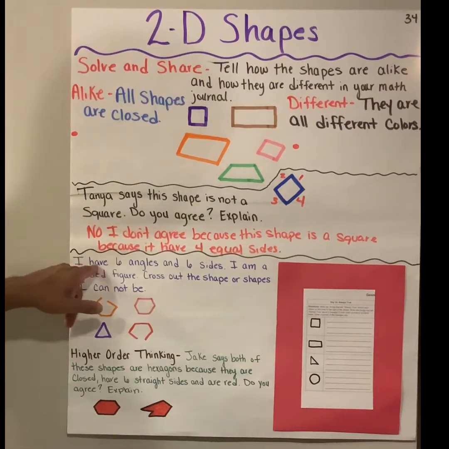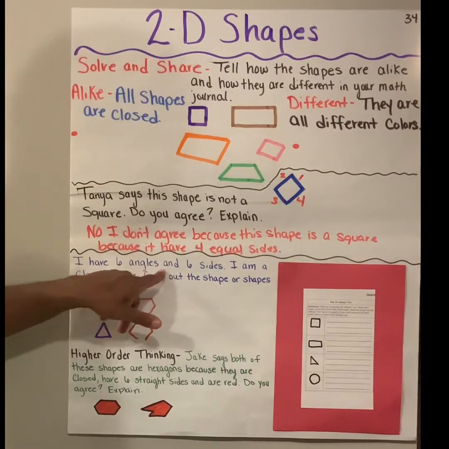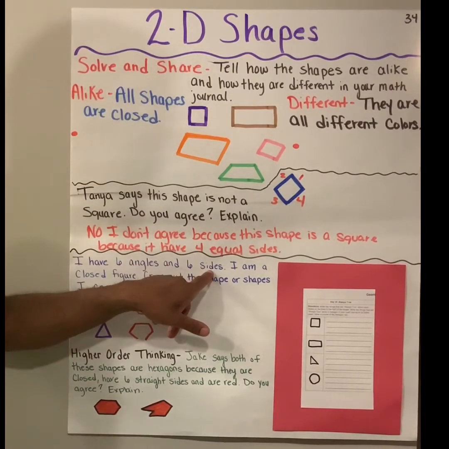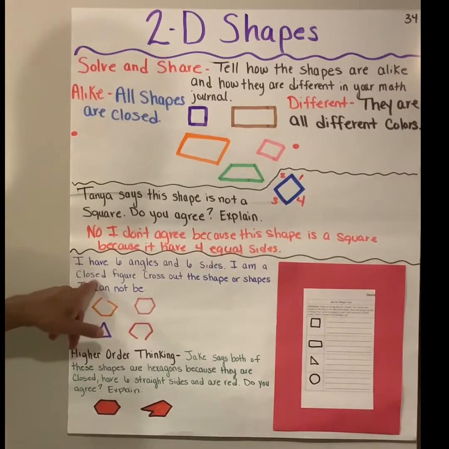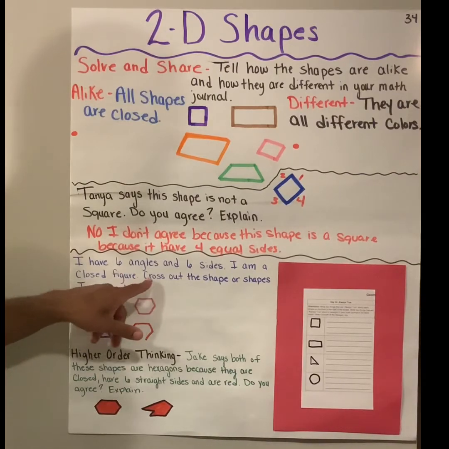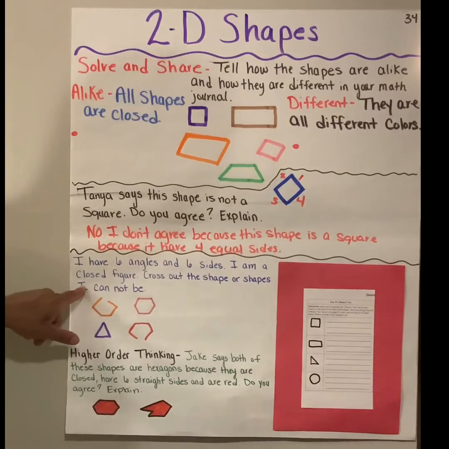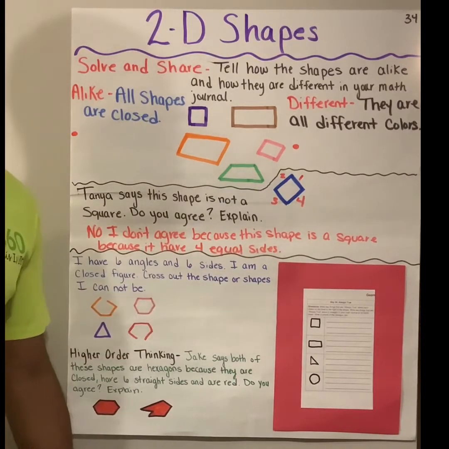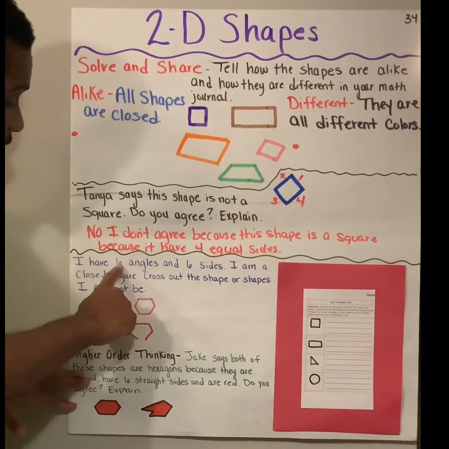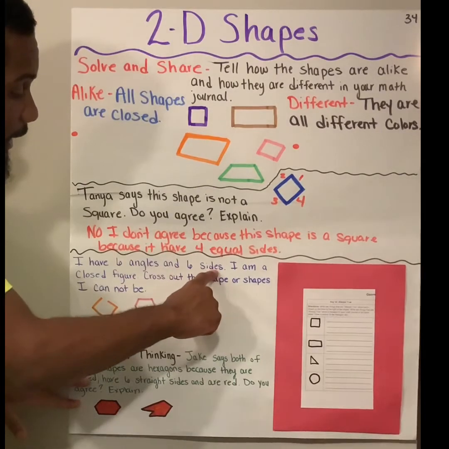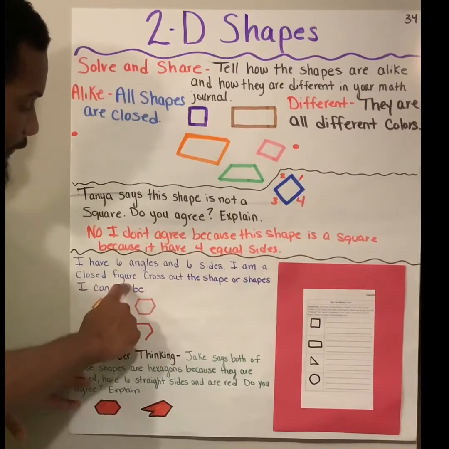Next, it says, I have 6 angles and 6 sides. I am a closed figure. Cross out the shapes I cannot be. So once again, I have 6 angles and 6 sides. I am a closed figure.